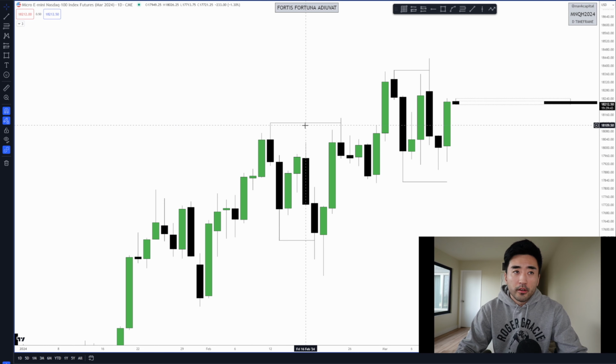So these are areas where there will be existing orders, buy side or sell side, that we refer to as liquidity. This right here will be considered buy side liquidity. Down here will be called sell side liquidity. And the same goes for these.